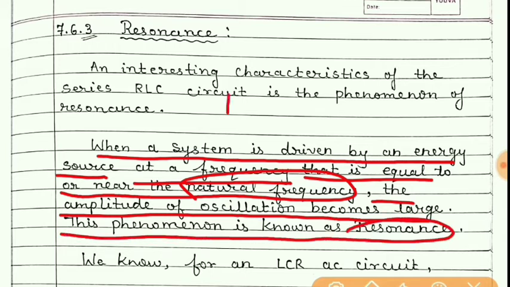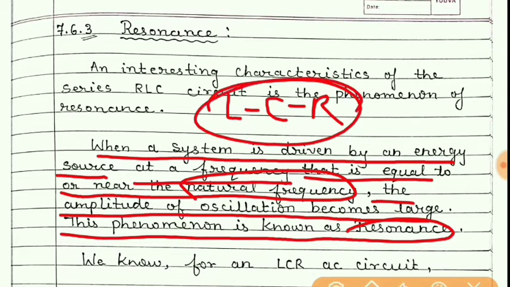So here also, this LCR AC circuit has its natural frequency, and if we apply energy to this circuit at the same or nearly equal frequency, then this circuit also resonates, means resonance occurs even in this circuit.